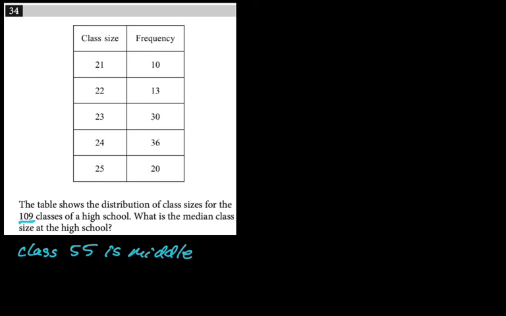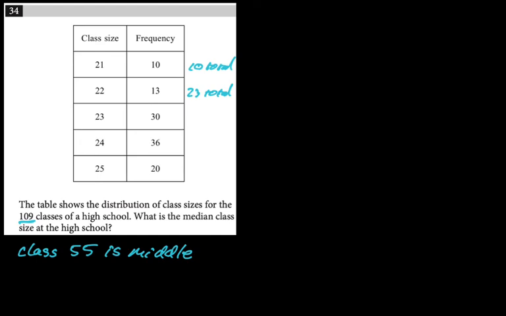So I started at the top and I said, all right, there's just 10 total at this point, right? Because for class size 21, there's 10 of them. But then class size of 22, there's 13 of them. So at that point, there's 23 total classes when we've lined them all up from smallest to biggest.